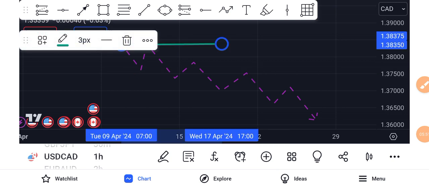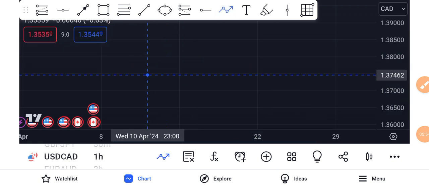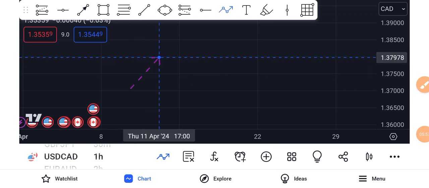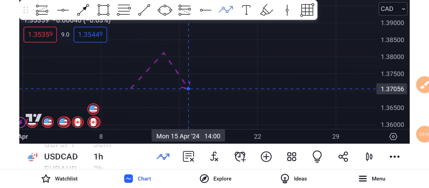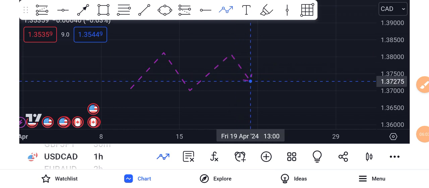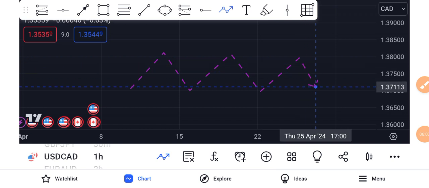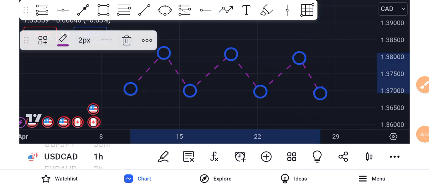So the third one now will be on a consolidation trend. Like we earlier said in a previous video, consolidation is when the market goes up, meets a resistance, bounces down to a support, up to a resistance, down to a support.